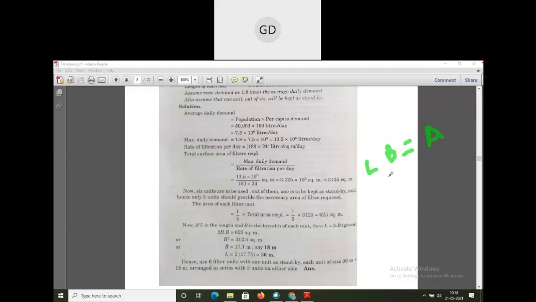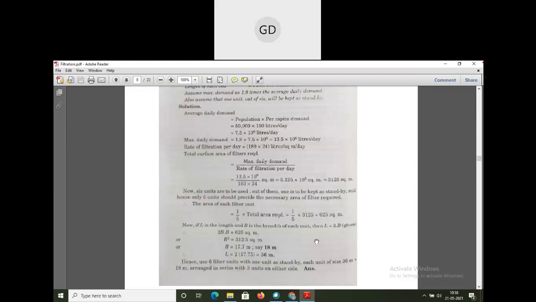Since the condition is given that L is equal to twice B, in place of L you put twice B. Then B will be there again, and the area is 625. You just calculate and you will get the breadth to be 18 meter, and then put the breadth value in this condition, and you will get the length value as 36 meters.